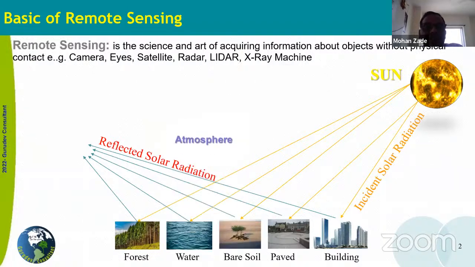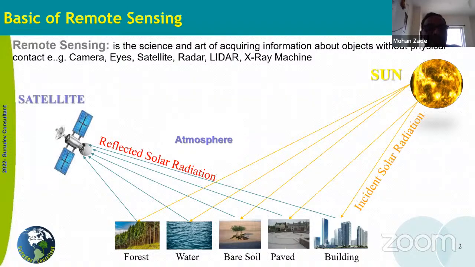So we have incident solar radiation and reflected solar radiation, and in between there is the atmosphere. The reflected radiation has to go back to the satellite through the atmosphere, and the satellite records the measurement of those different reflected solar radiations.